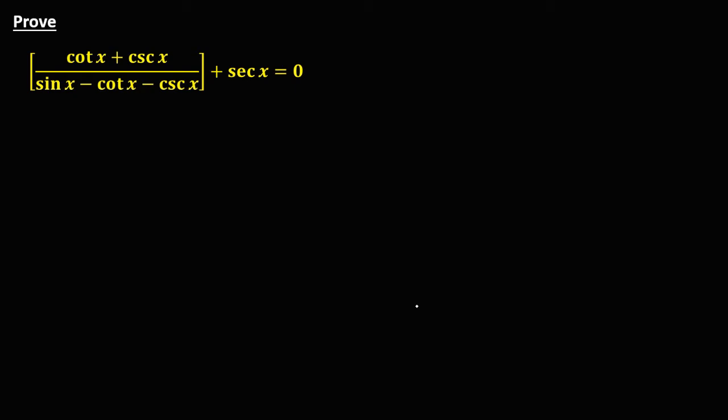So in proving trigonometric identities, we need to rewrite first all the functions in terms of sine or cosine.